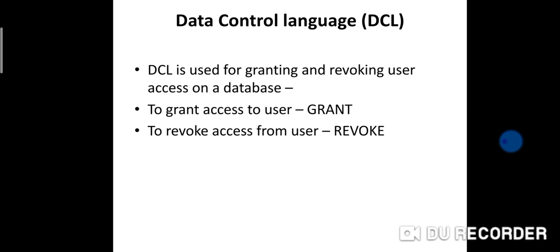So we have two commands in DCL. First, grant. It is used to provide any user access privileges or other privileges on the databases. Then revoke. It is used to take back permission from any user.